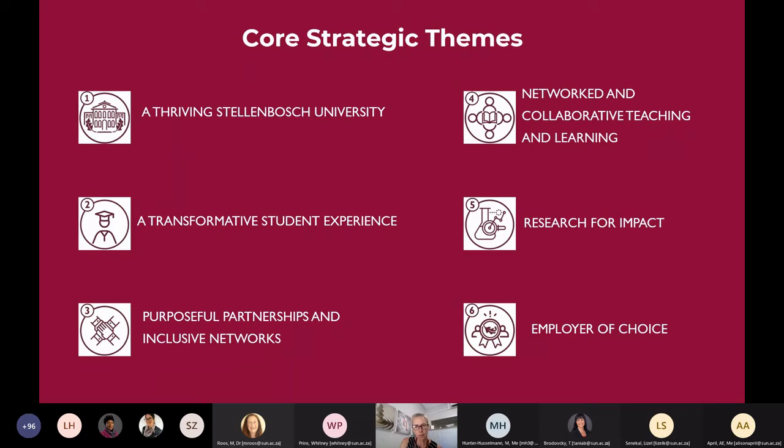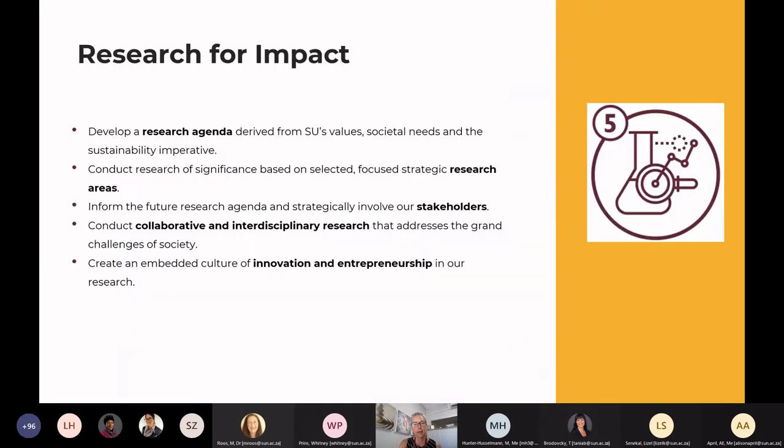And of course, a lot of what we do also slots in with network, collaborative teaching and learning. It slots in with the transformative student experience, at least where postgraduate students are involved, purposeful partnerships and inclusive networks, and certainly also a thriving Stellenbosch University and employer of choice. But our main focus, of course, in this division is research for impact. So I'll only focus on that one for now.